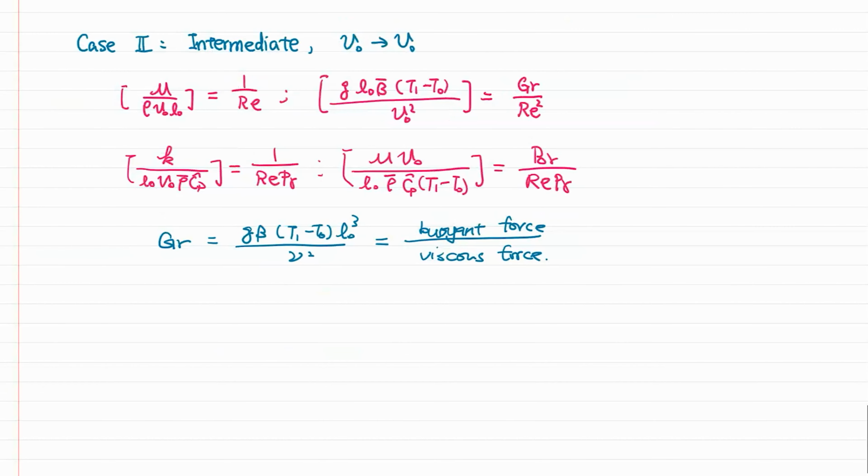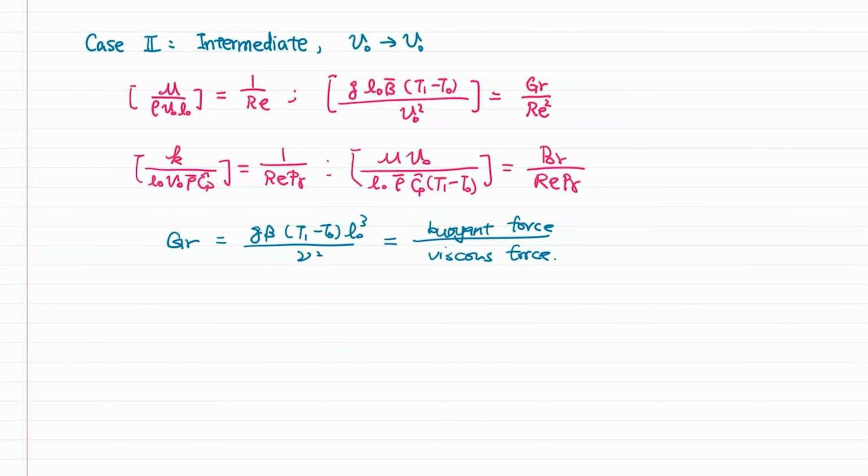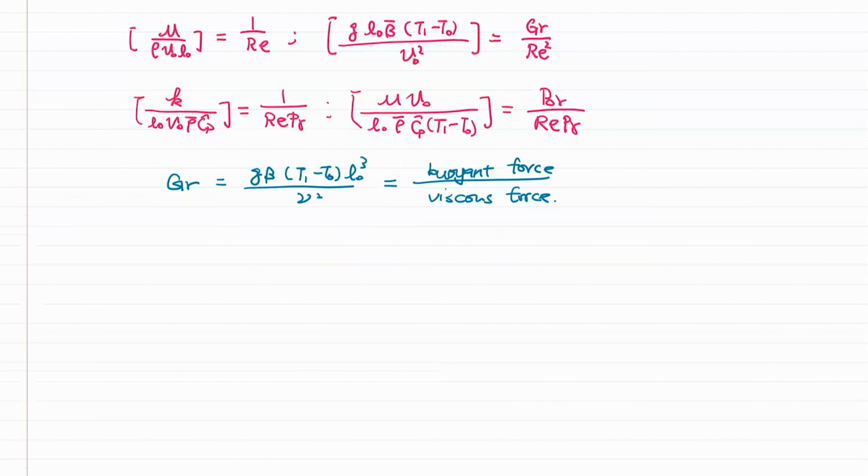Now let's look at case 3, where we have free convection instead of forced convection. This would be the first case for free convection. A major problem for free convection is how you would define a characteristic velocity.